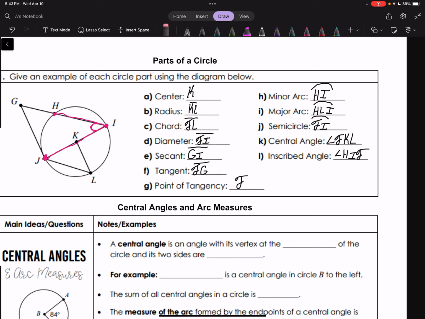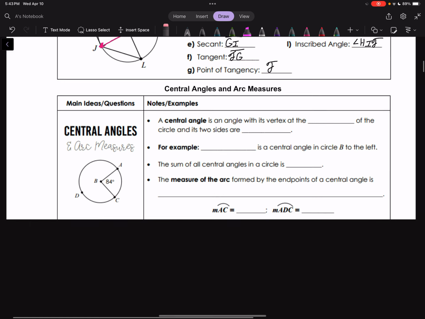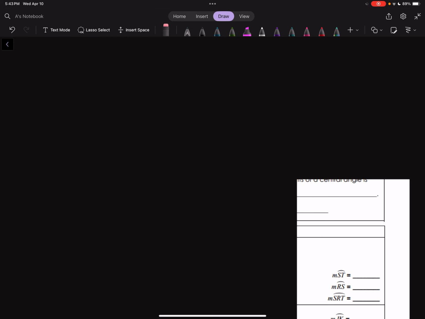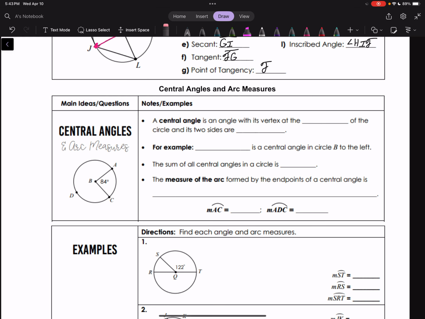Okay, let's move on to the next portion of angles and measurements. A central angle is an angle with its vertex at the center of the circle and its two sides are the radii.